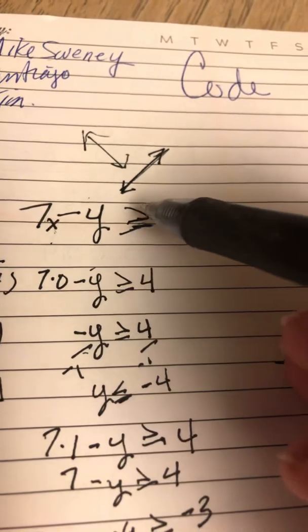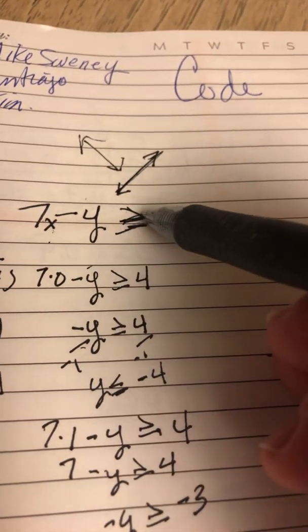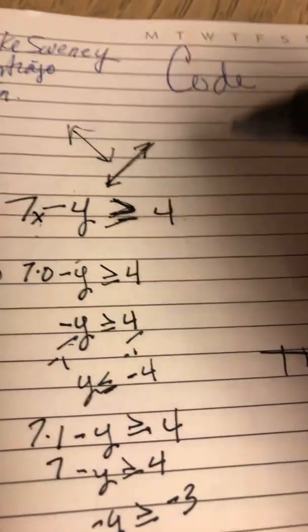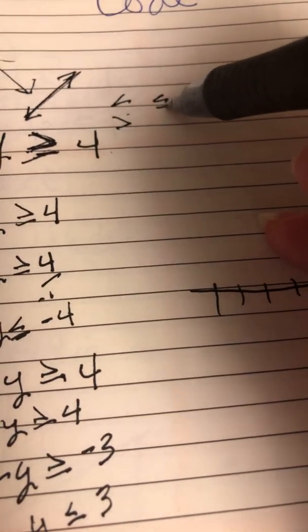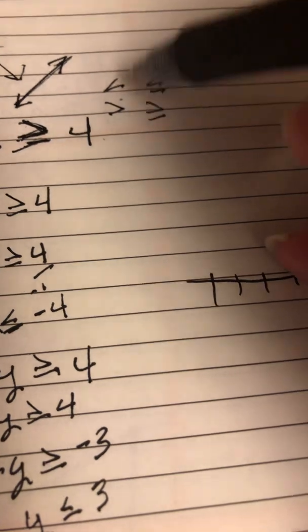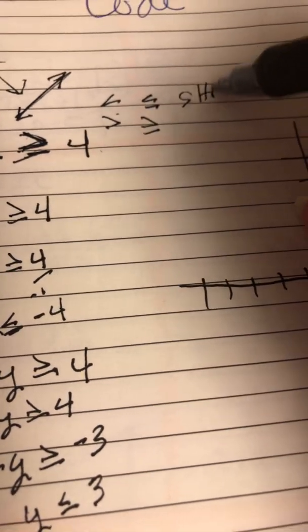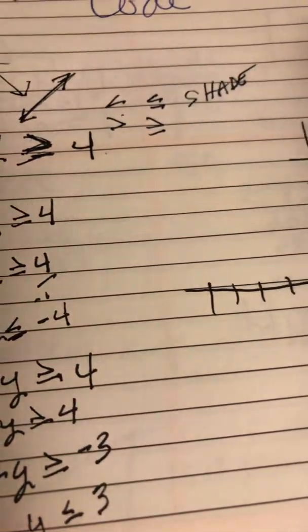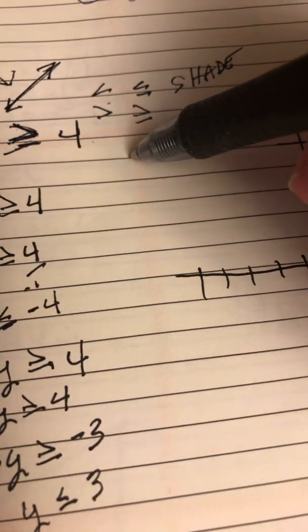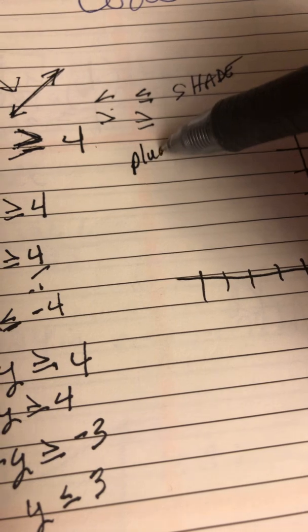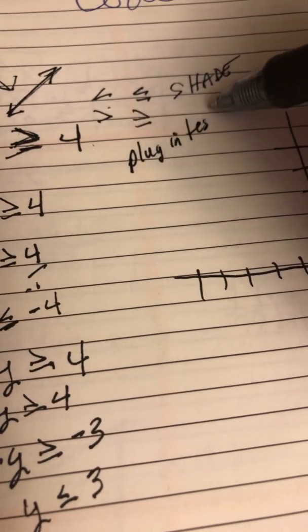So now, because this has this arrow in it, every single time we have any form of an arrow, so if it's less than, greater than, less than or equal to, greater than or equal to, we have to shade something. We have to shade one side of the line. And to figure out which side to shade, we're going to plug in a test point from the graph.